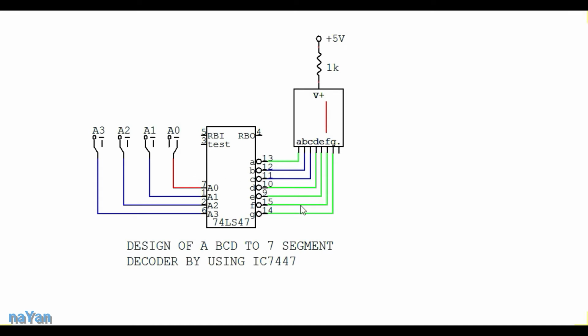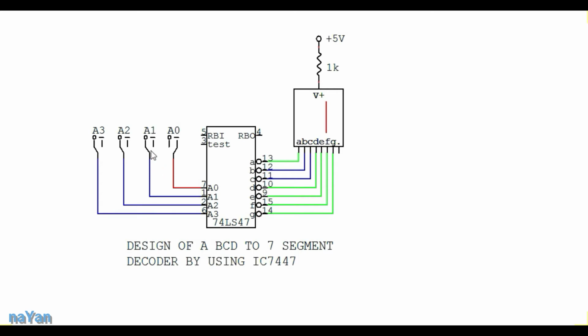From the color combination of the wires, we can see that these 2 segments give 1 to this 7 segment display. So when we have 1 in segment B and C, the corresponding 2 LED segments glow. So here we have B and C, these 2 LEDs glow and it forms a 1.